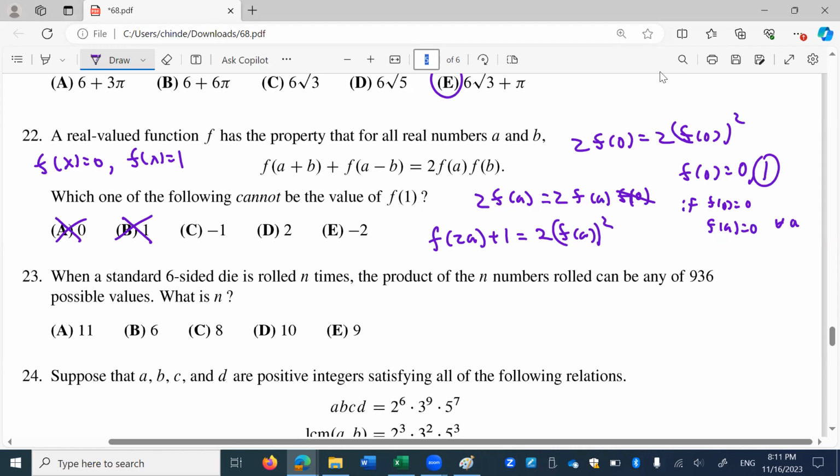So here, I'll just subtract 1 from both sides of the equation, and I think we've got our answer here, because 2 times f of a squared is positive, no matter what f of a is. It's a non-negative number. So f of 2a has to be bigger than or equal to -1. That means that -2 is an impossible value.